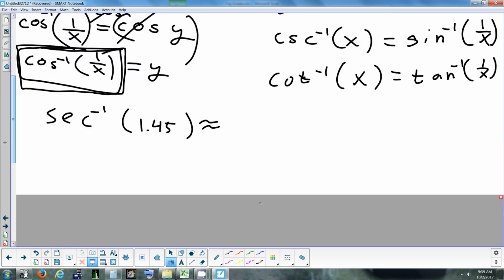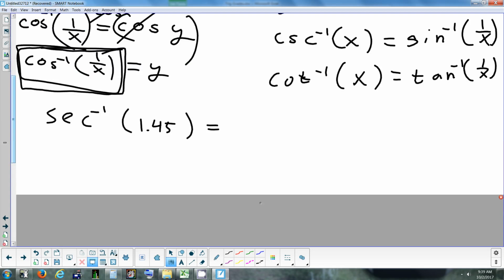Okay, so I want to find the inverse secant of 1.45. So you can try your table. You can look for 1.45 in the secant column, but you're not going to find it. So you've got to use a calculator. All right, so Alex, how would I rewrite that so that I can type it in on a calculator?